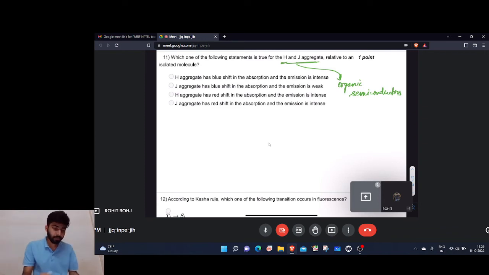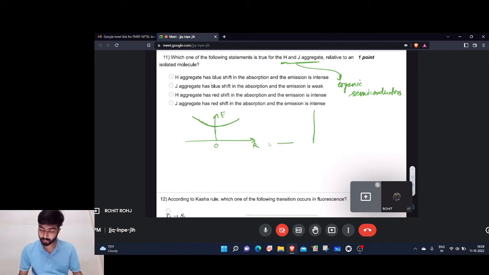If we have a material in which the behavior of the E-K diagram is as follows, that there is a minima at k equal to 0, and another material in which the E-K diagram has a maxima, let's say at k equal to 0 again.